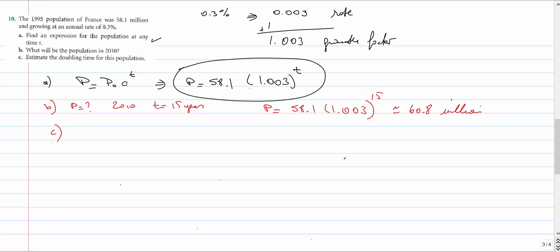To answer C, the doubling time, I'm going to multiply 58.1 by 2. 116.2 is equal to 58.1 times 1.003 to the power t. So solving algebraically, 116.2 over 58.1 is 1.003 to the power t. I'm going to take the log of both sides.